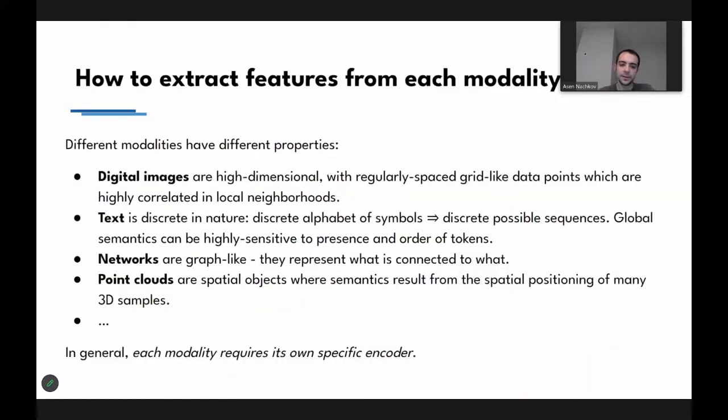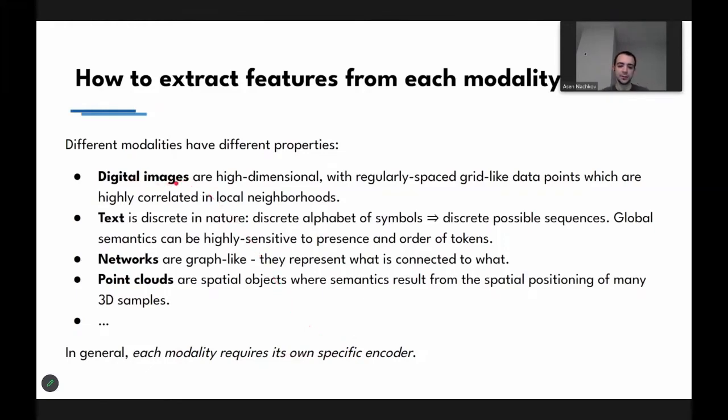So in terms of how to extract different features from different modalities, the most straightforward answer I can give you is that each modality requires its own specific encoder, because different modalities can be quite different.